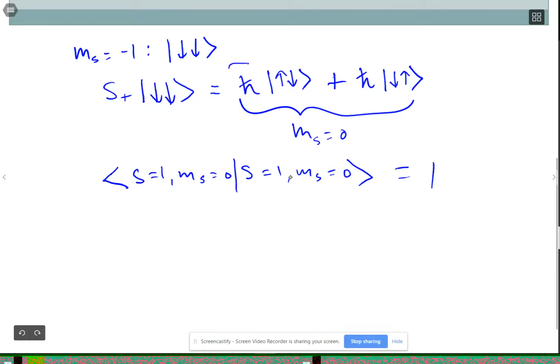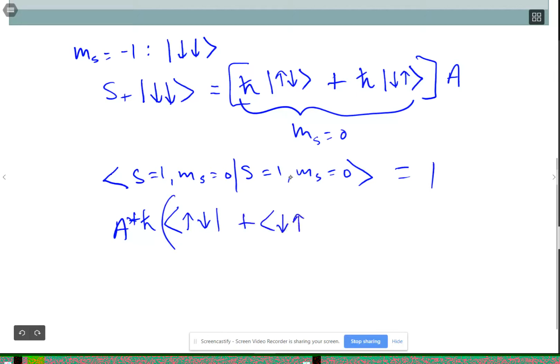And so I'll take this whole thing and multiply it by some normalization factor A. So this would be A star h bar, there's my bra, and then for my ket, A h bar, and that needs to be 1.